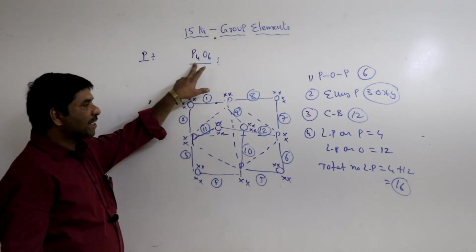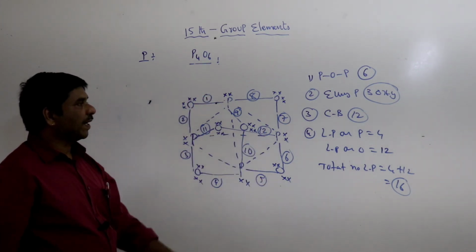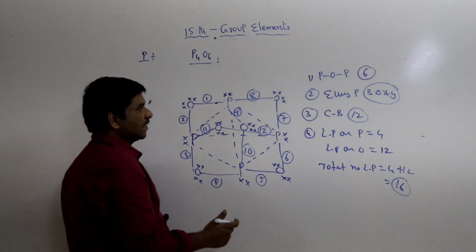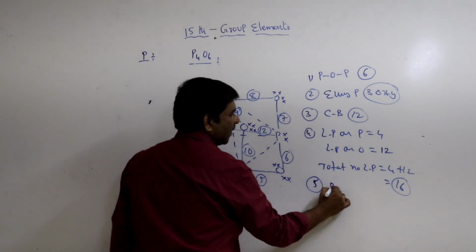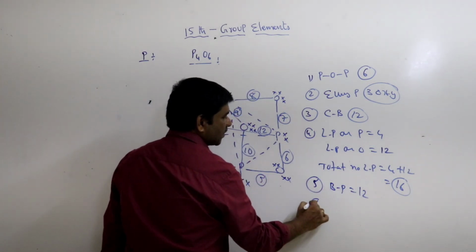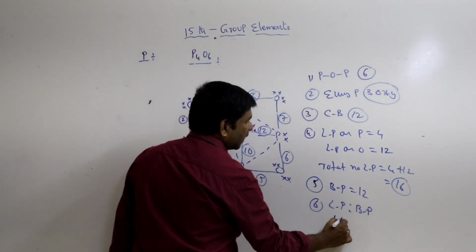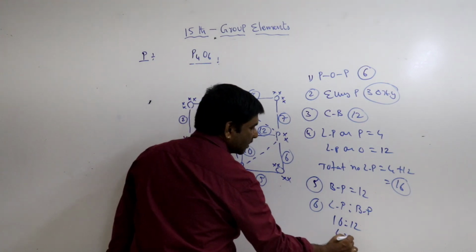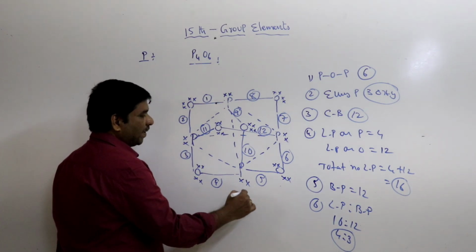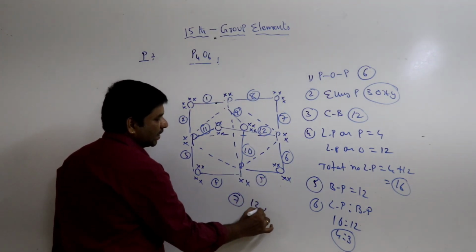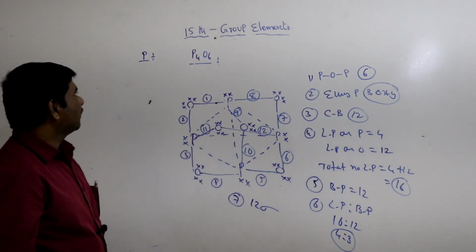Covalent bonds are also called bond pairs, so bond pairs are 12. The ratio of lone pairs to bond pairs is 16 to 12, that is 4:3. These covalent bonds are also called sigma bonds, so the total number of sigma bonds is also 12. That is about P4O6.